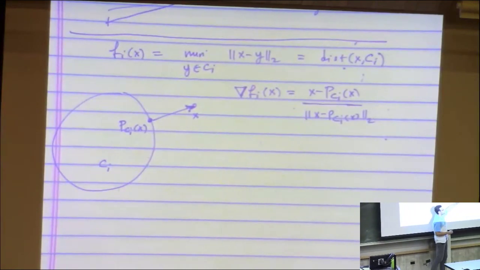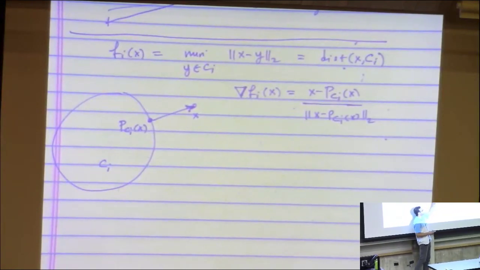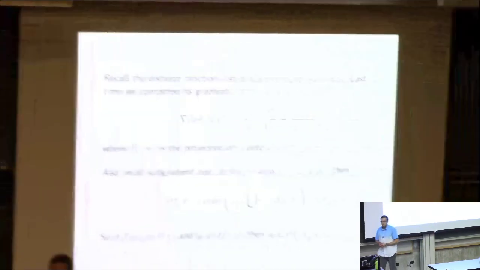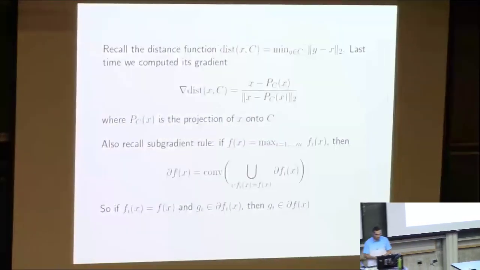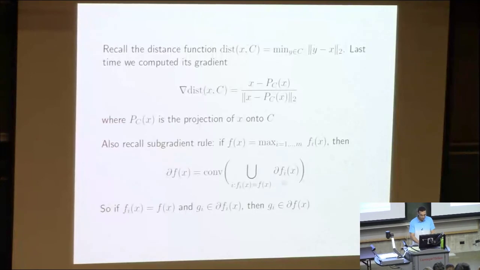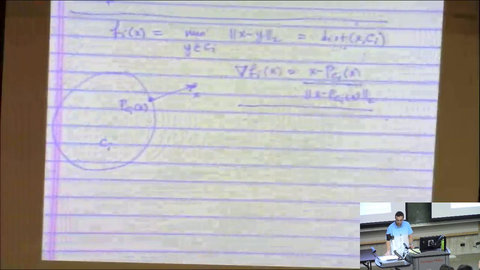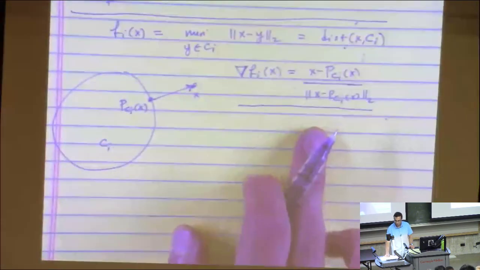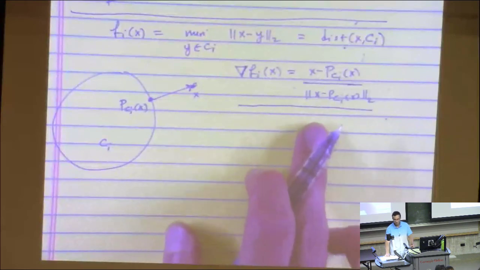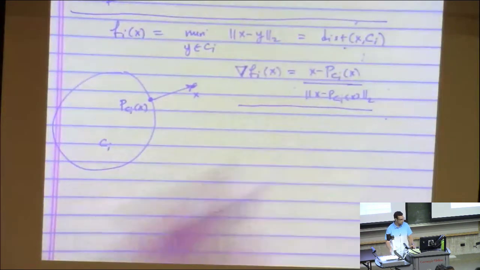I take their subgradients, I collect them, and I take the convex hull. And in our case, this is actually a singleton. It just has one element, and that's this. Because our f_i are differentiable, their subdifferential has just one element, and that's the gradient. There's just one subgradient, that's the gradient.